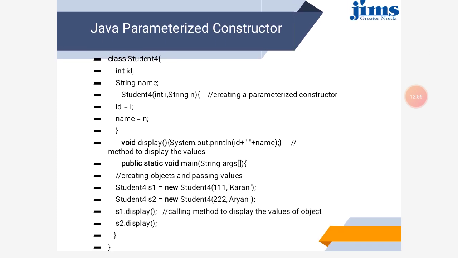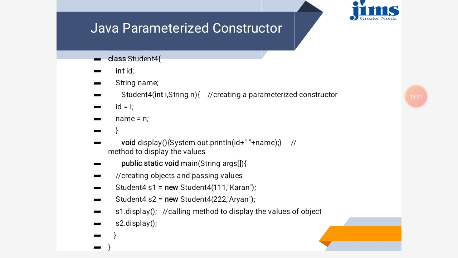So in this program we can see there is one class, that is Student4, and it has two instance variables, id and name, and as the class name is Student4, we are creating one parameterized constructor.